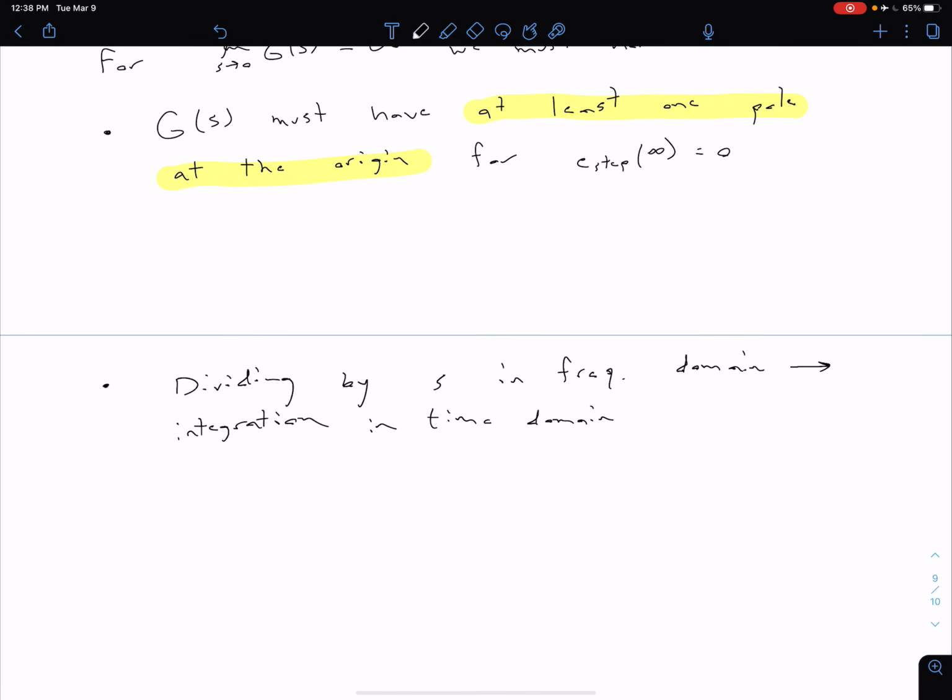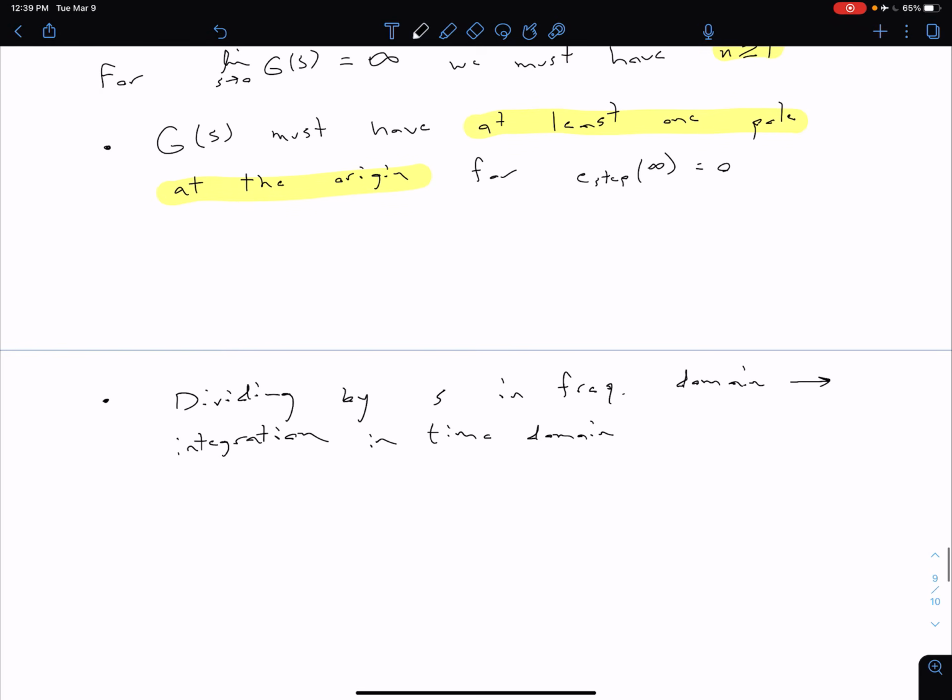So another way that we can state this criteria that we need to meet for zero steady state error is we could say that there must be at least one pure integration in G of s. There could be more, but at least one pure integration in G of s.